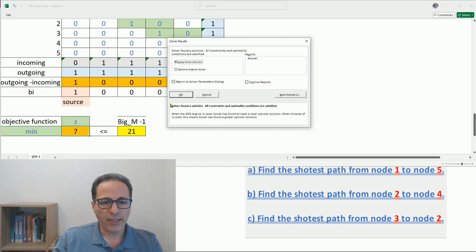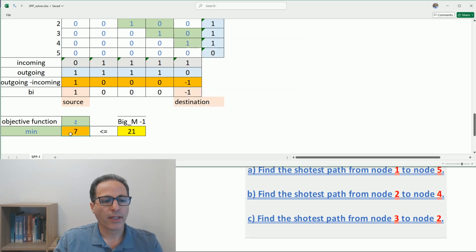Now, if you see an exclamation mark here, Excel may not find a feasible solution. The problem may not be feasible. Then don't press OK. In that case, we will discard the changes. One of the parts from ABC is infeasible, or there's no shortest path from, I guess, 3 to something like this.